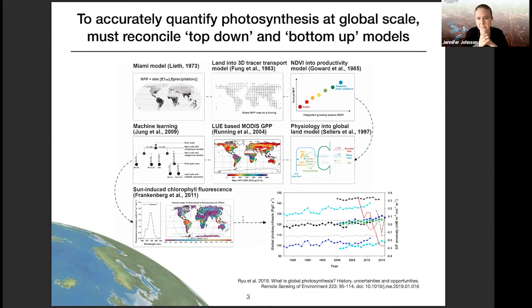This is a figure from a really nice review that brought together some of these different state-of-the-art approaches and demonstrated that, despite the enormous amount of effort and the amazing sophistication of these frameworks, they still have a very large range in terms of their estimate of what global photosynthesis actually is at any given time. And figuring out how to quantify photosynthesis accurately at this scale is a really important, outstanding challenge.